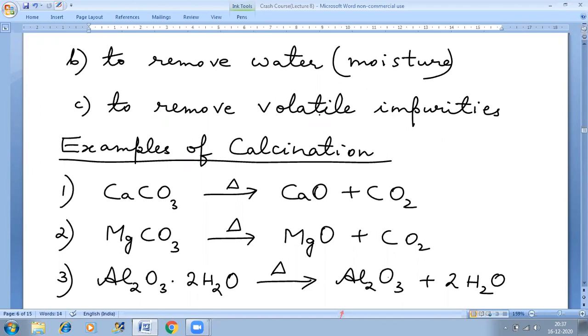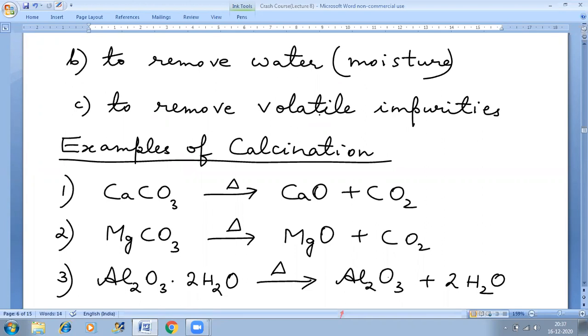No water molecule will be present because it has escaped as a gas. That means calcination is also helping us remove moisture and other volatile impurities which tend to escape as gases on heat supplied, and we are left only and only with the oxide of the metal.